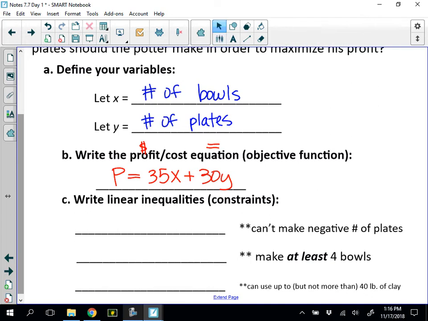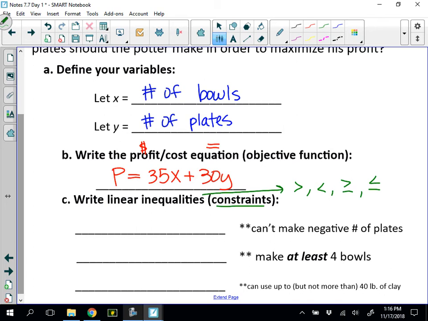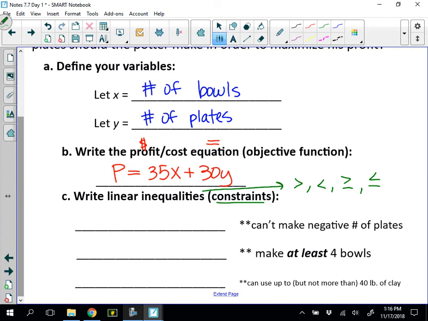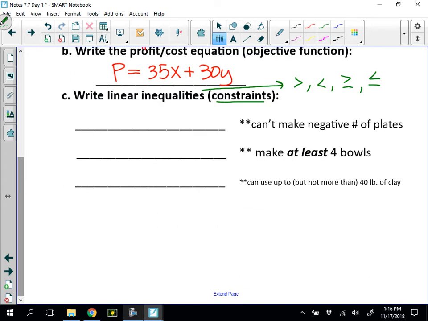All right, now we're going to write the linear inequalities. Now remember, inequalities are going to be greater than, less than, greater than or equal, or less than or equal. So these do not have equal signs in them. And we call these constraints because these are basically requirements within the problem. On this first example, I have gone ahead and listed the constraints in the problem.